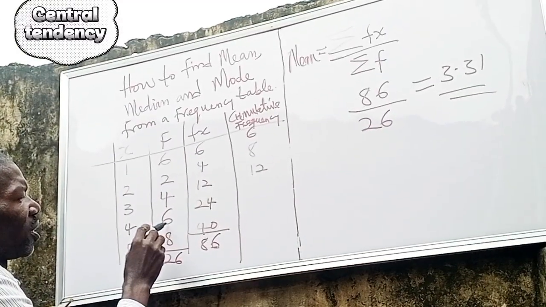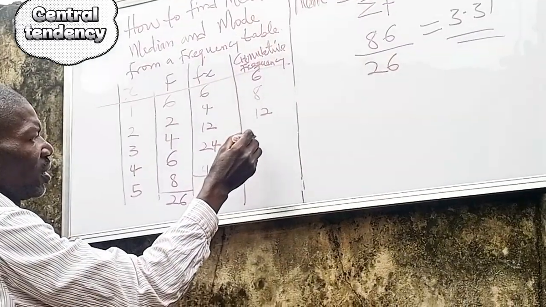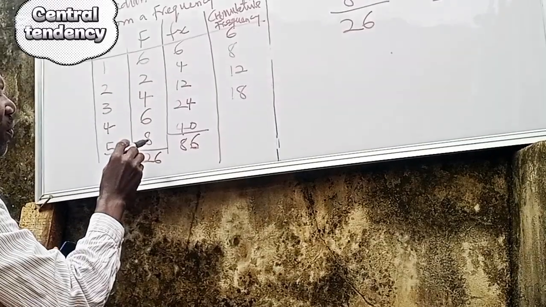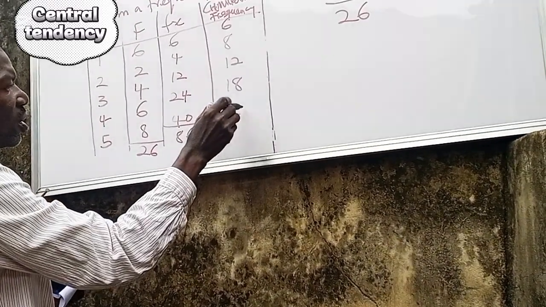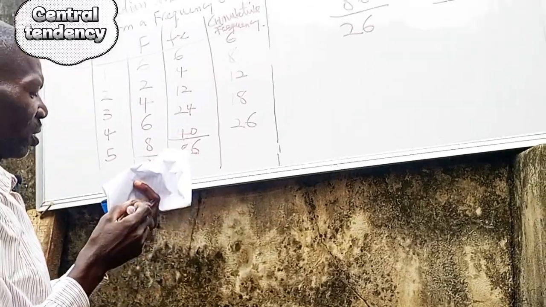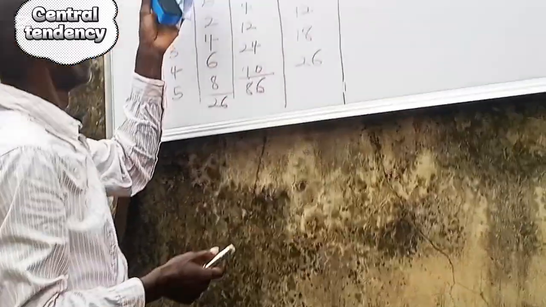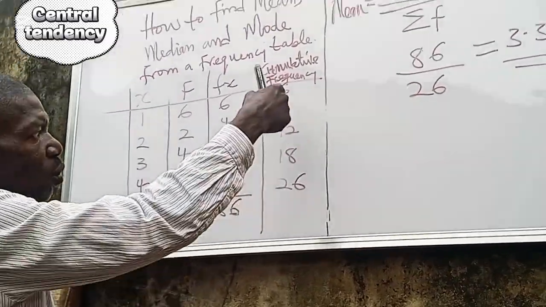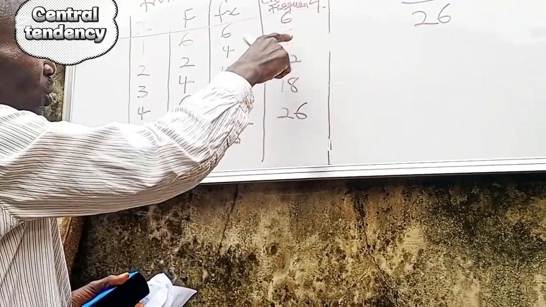Then 6 plus 12, that is 18. Then 8 plus 18, that is 26. For us to get the median number, we need to first calculate the cumulative frequency, and that is what we just did there.